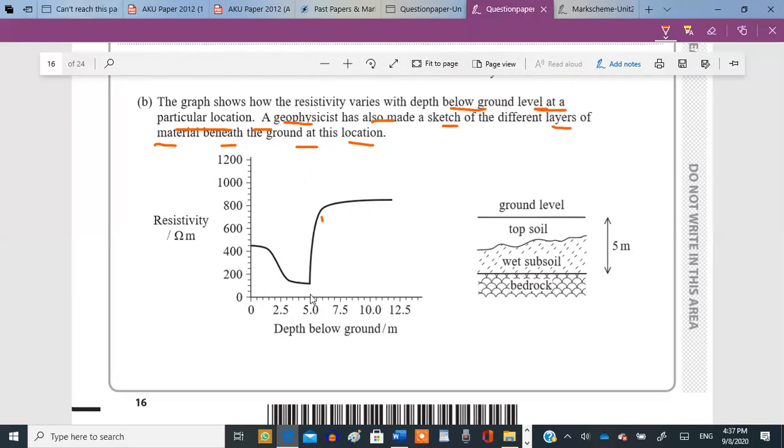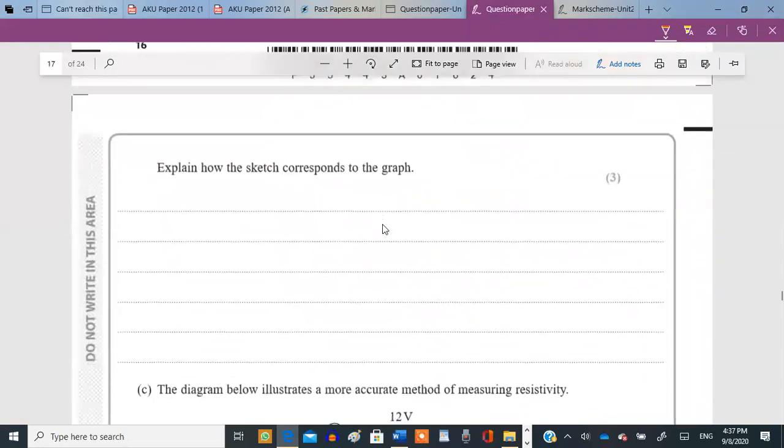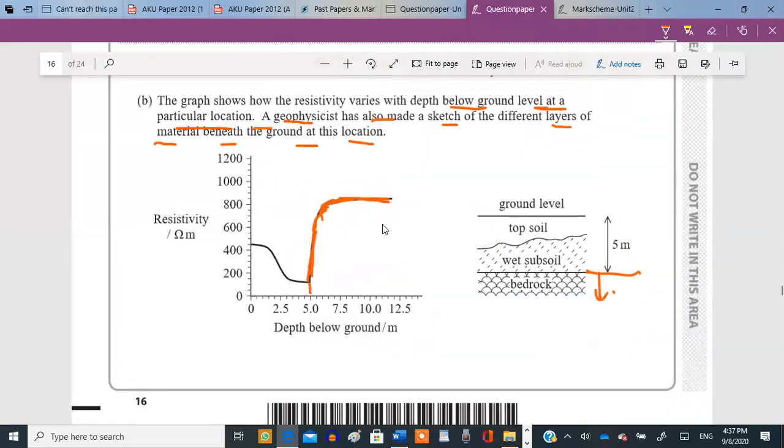At 5 meters you get the bedrock. If you look carefully, the resistivity sharply rises after the 5 meters and then becomes constant at a very high value.